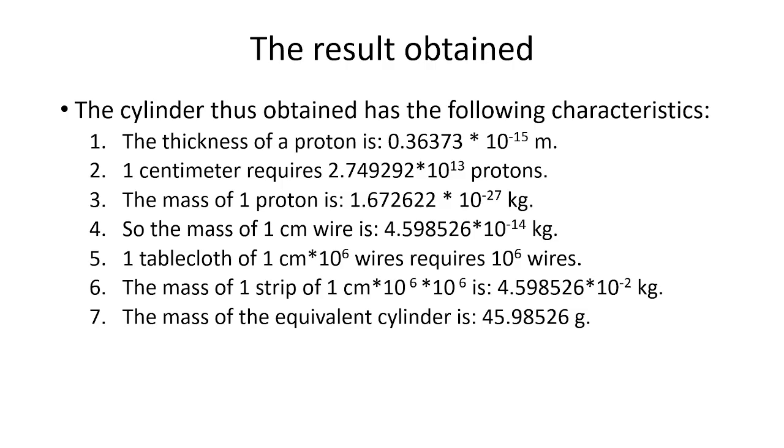The mass of 1 strip of 1 centimeter, multiplied by 10 power 6, is 4.5 10 power minus 2 kilo. 7. The mass of the equivalent cylinder is 45 gram.